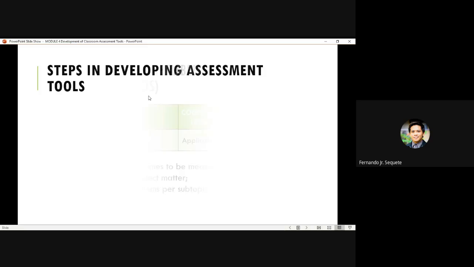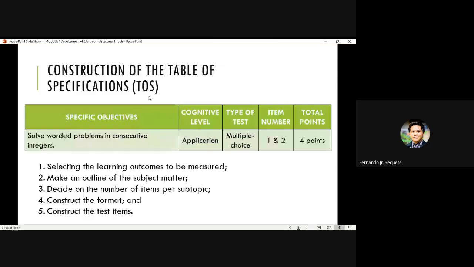Okay, so let's continue. This is now the time that we go back to our TOS. If we look at the table presented here, those are the essential parts or features of your specific table of specifications. Our table of specifications, or TOS, has specific content, not the objectives.